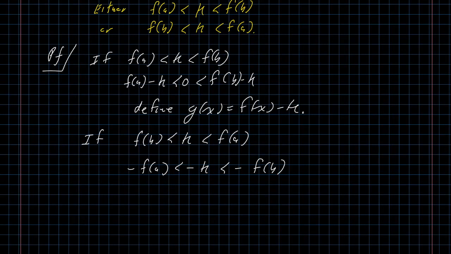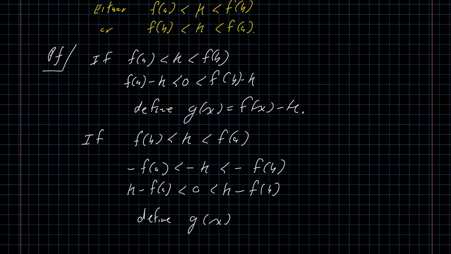Then I'll add k to all three sides of this inequality, and I'll get that k minus f of a is less than 0 is less than k minus f of b. Here I have k minus my function, so I define g of x equals k minus f of x.